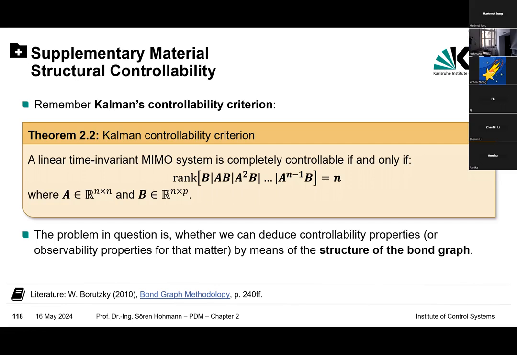And you learn something like the Kalman controllability and observability structure, so the Kalman separation of a system. And the question appears, what are the structural properties? What physical properties are there? Is controllability just a structural question?